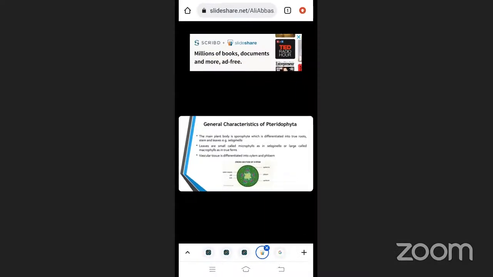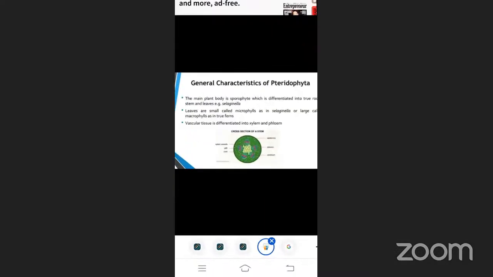Here, the adult plant body is a sporophyte, usually differentiated into leaves, stem and root. Prominently leaves, stem and roots are present.